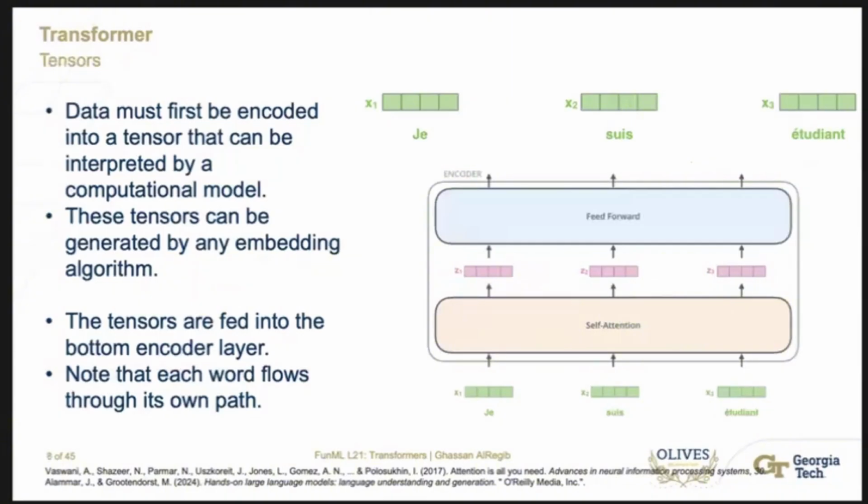So if you take one encoder and, for example, you have three tokens, you pass these three tokens into the encoder independently from each other, meaning each encoder will learn how it is associated with the other tokens independently of how other tokens are associated with it. And this is one of the main benefits of Transformer.